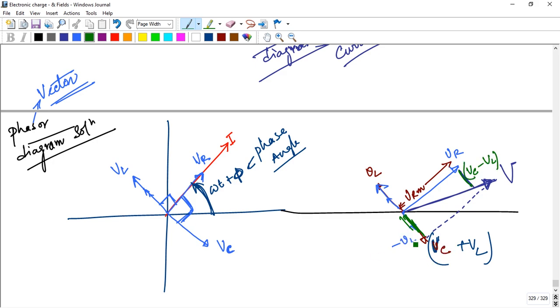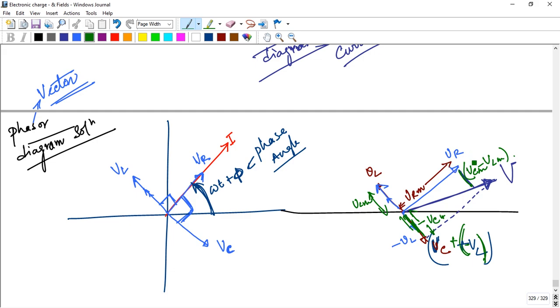So VC plus VL, actually VC plus minus VL because of the opposite direction, that is VC minus VL. Here we choose VL maximum. That's VLM, and that's VCM, this length. So VCM minus VLM here.